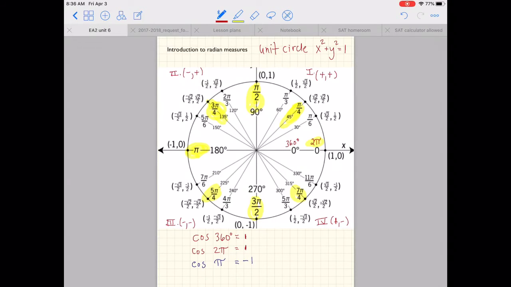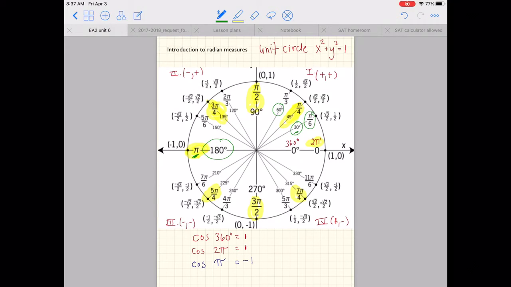And what I would like you to try to do is fill it in by 30s. If you start going by 30s, 180 divided by 30 is 6. So that's why pi divided by 6 is pi over 6. So 30 is 1/6.